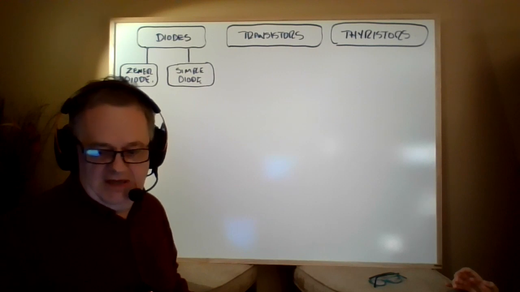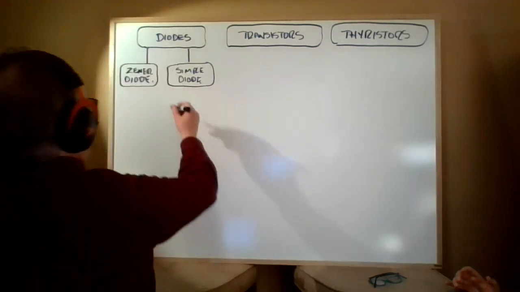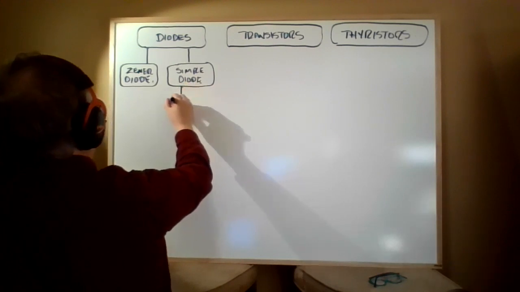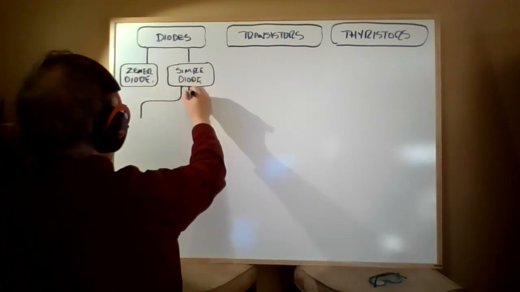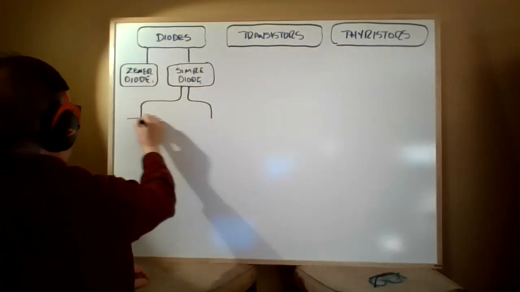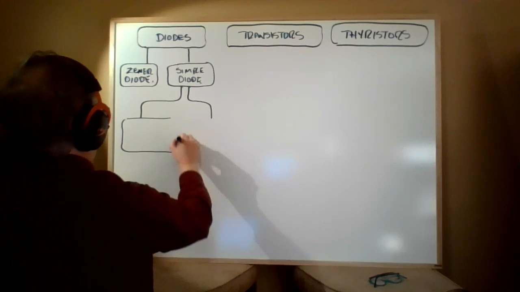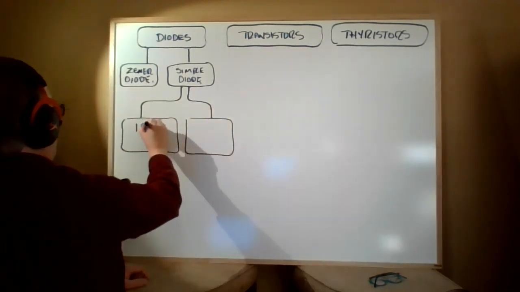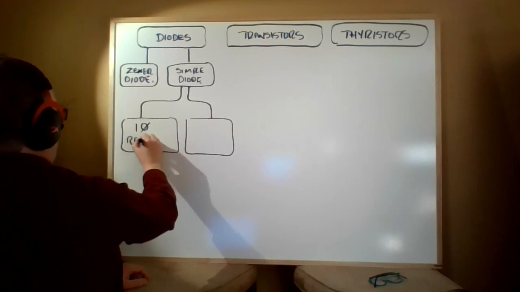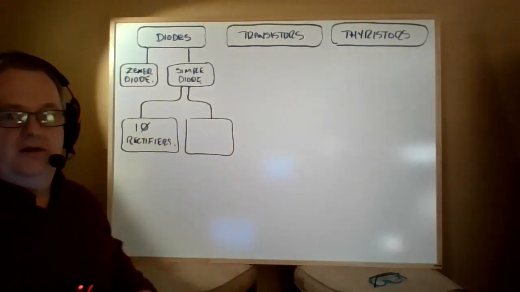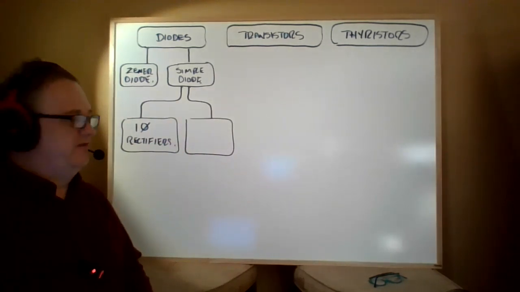From the simple diode, we're going to start by breaking this down into two main categories. It will be a review of single phase rectifiers, which we should have actually had some experience looking at in previous years.